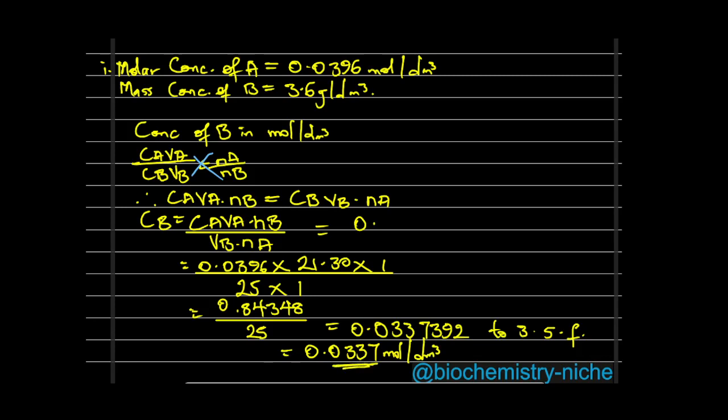Our CB is 0.0337 moles per dm cube. We are going to use that to calculate other things in the question now.